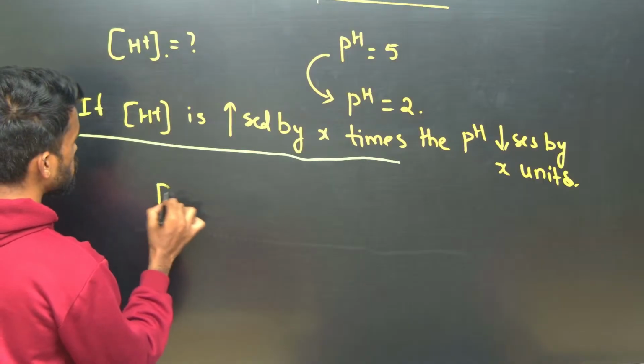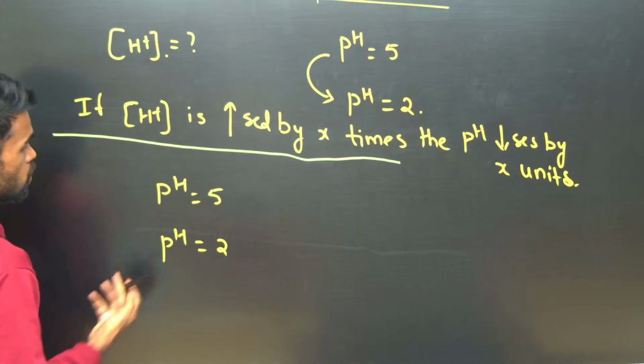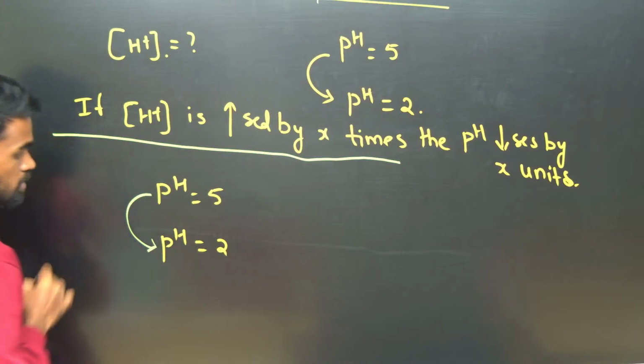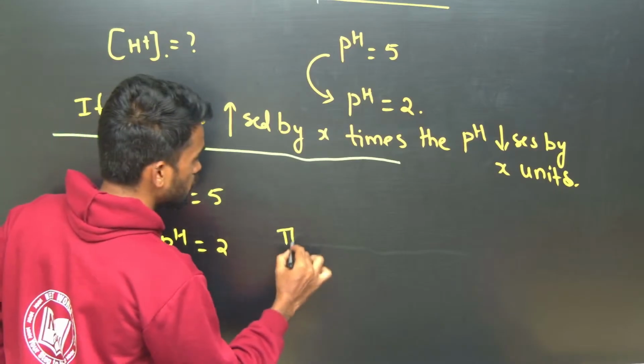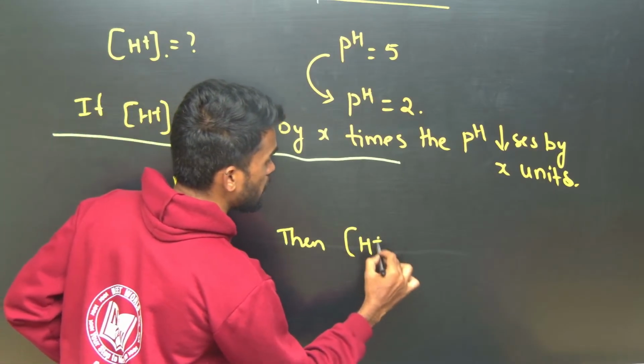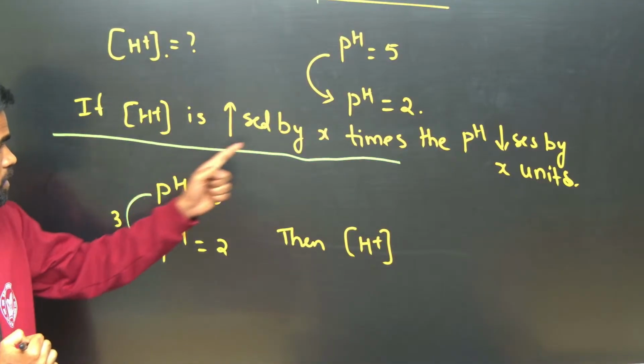here pH 5 is becoming pH 2. So how many units has it decreased? 3 units, right? Then the concentration of H plus ion will increase. How many times does it increase? X times, 3 times.